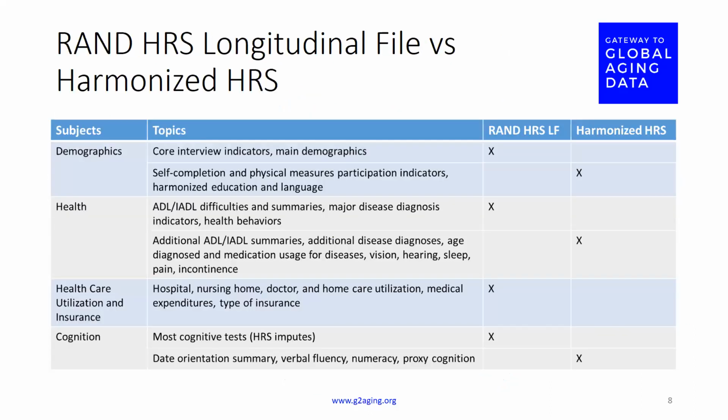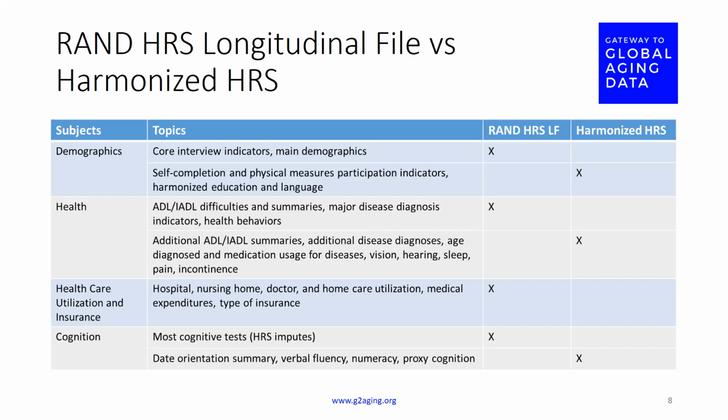To give you a little detail into the differences between the RAND HRS longitudinal file and the Harmonized HRS, I've provided a general breakdown of what's available across the two datasets. While the RAND HRS provides most of the core interview and demographic variables, the Harmonized HRS adds the self-completion and physical measures indicators and some other helpful variables for cross-country analysis.